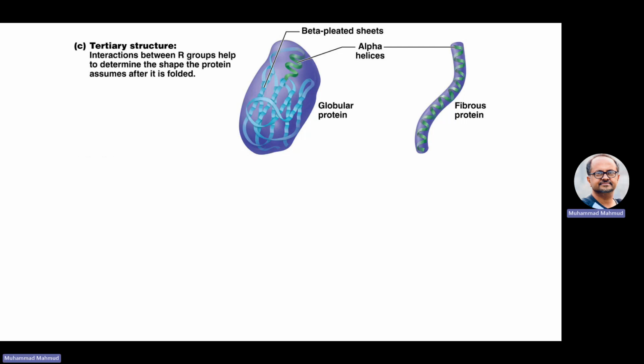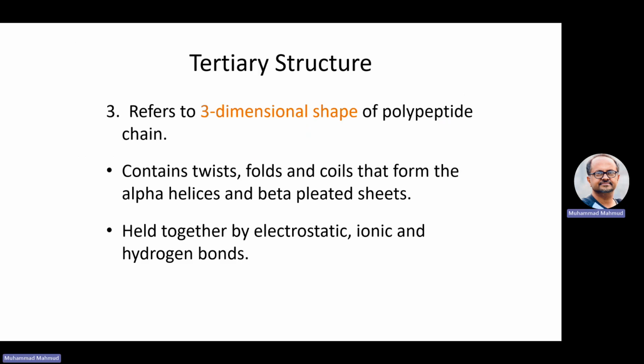You see here, they are making a globular protein on the left side that works as an enzyme, or fibrous proteins found in hair, nail, those structures. But the point is, they are making a three-dimensional shape. These are tertiary structure.